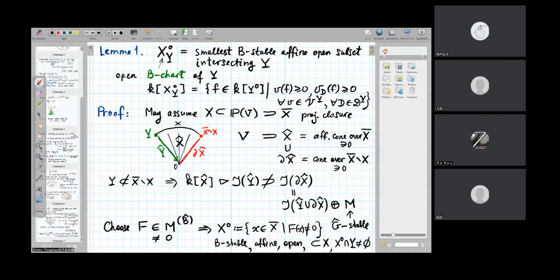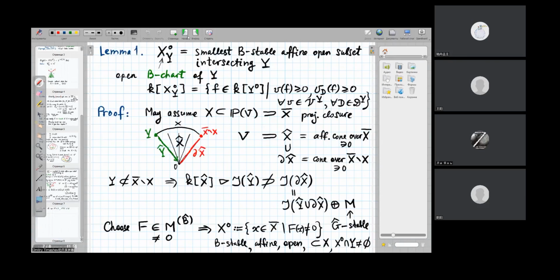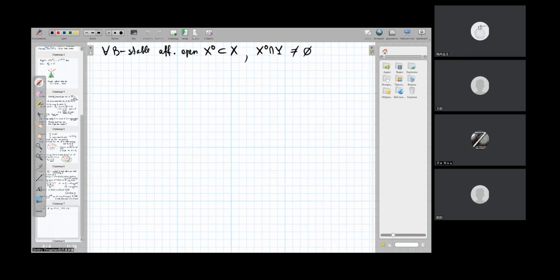Now let's take any such open subset. So let me turn to the next step of the proof. So let us take any B-stable affine open subset X naught in X intersecting with Y. The one we constructed on the previous page or any other open subset, it doesn't matter.